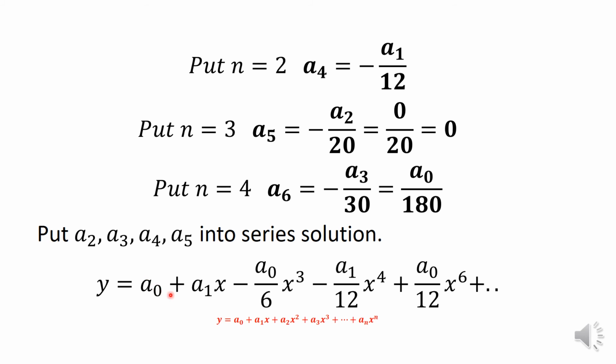So you can see here it is a0 plus a1x plus a2x square, because a2 was 0, so this part is 0. Further a3 is equal to minus a0 by 6, plus a4x4, a4 is what, minus a1 by 12 x to the power 4.